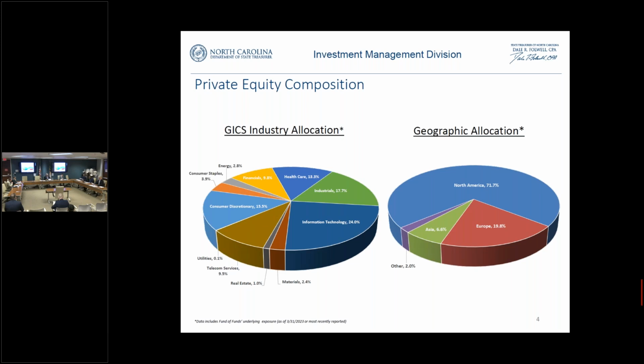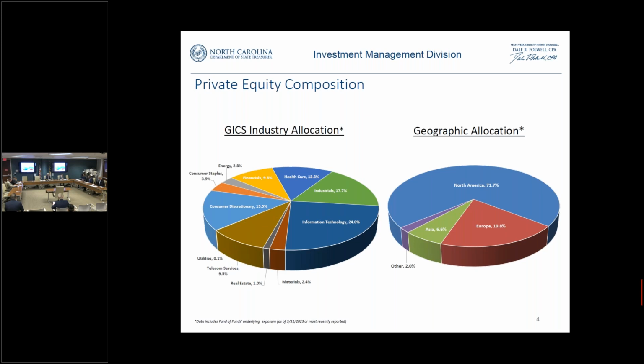And you also see our exposure on the geographic allocation side: about 3/4 in North America, a little less than 20% in Europe, and 6.6 in Asia. Those aren't large differentials in terms of geographic exposure from last year, and they've been fairly consistent over the last few years.